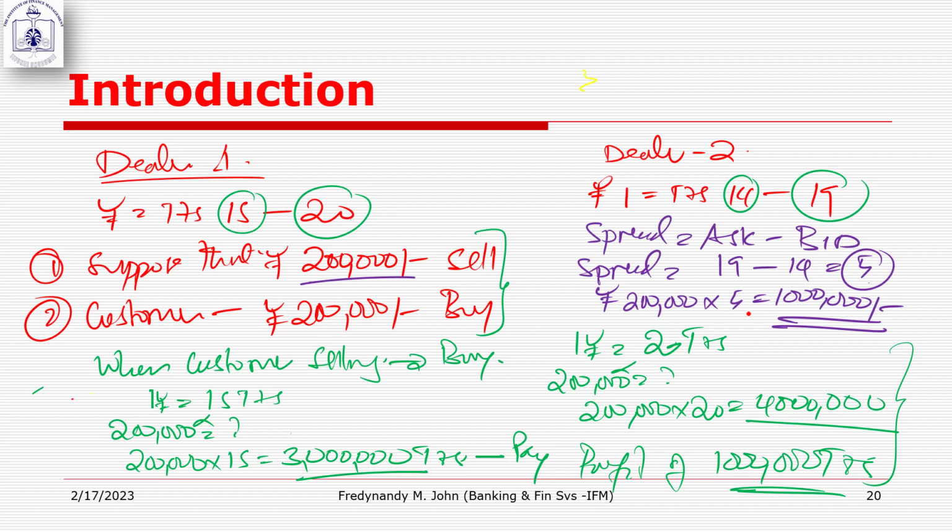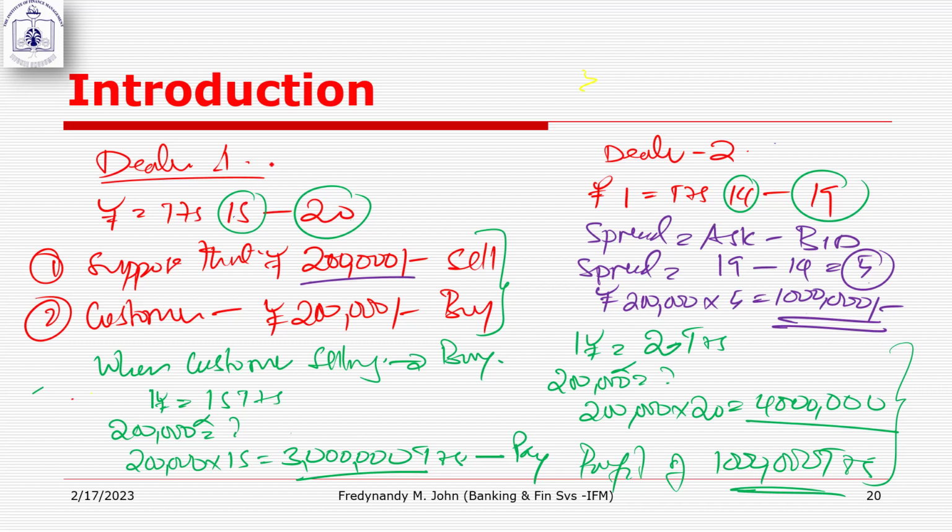Therefore, both dealers, even though they've given different quotations, are going to end up with exactly the same profit. Why? Because the spread between the quotations of dealer 1 and dealer 2 is the same.